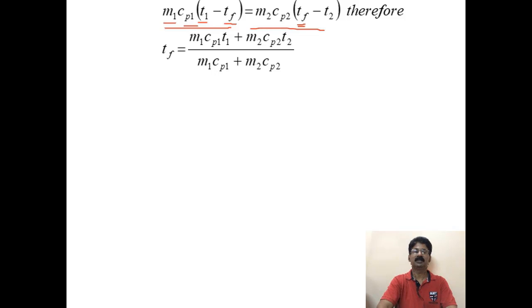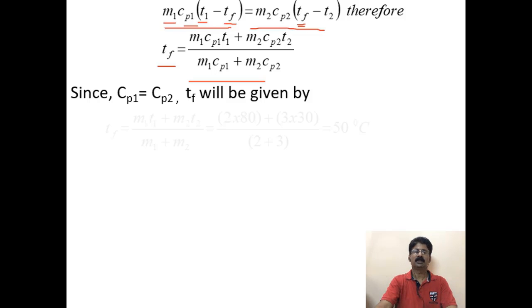If we simplify this equation, you will get an expression for Tf as M1 Cp1 T1 plus M2 Cp2 T2 divided by M1 Cp1 plus M2 Cp2. Now since both are water and both have the same specific heat, you can cancel the Cp terms from both the numerator as well as the denominator.